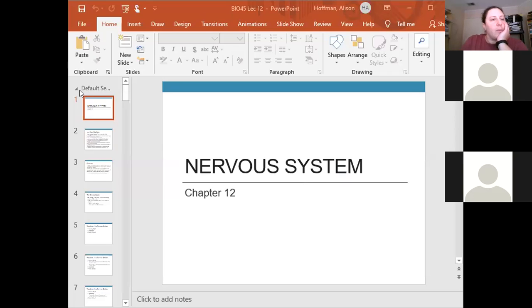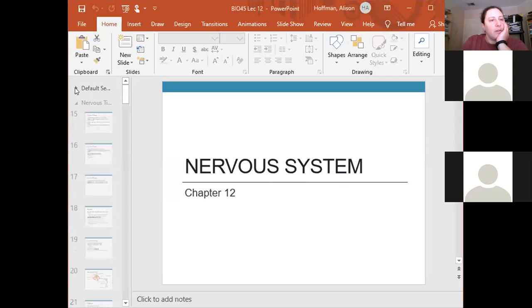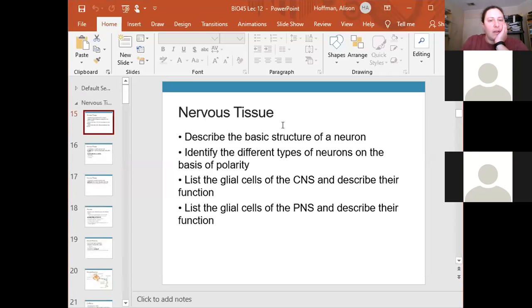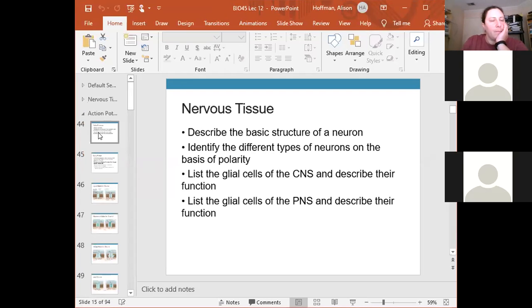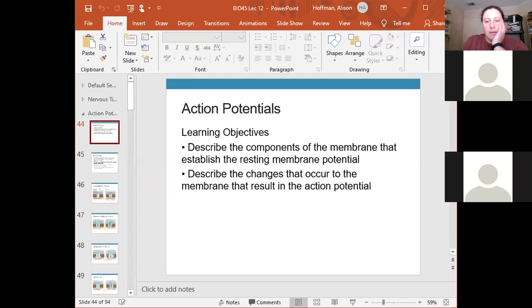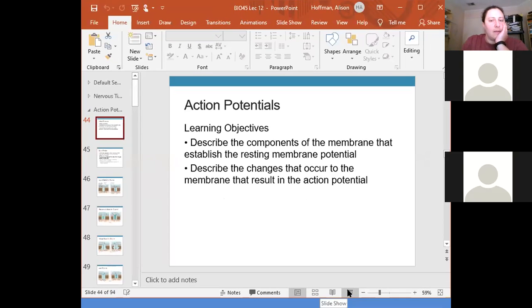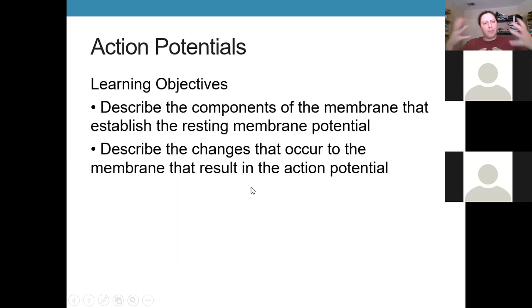Okay, so resting membrane potential is definitely an important concept, since it's basically the basis upon which we can have electrical activity.